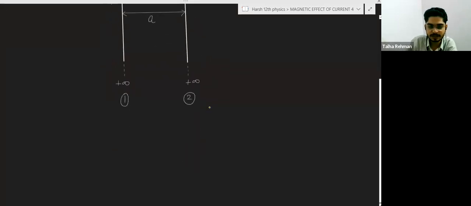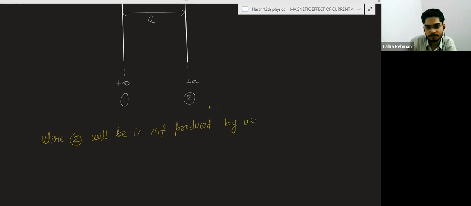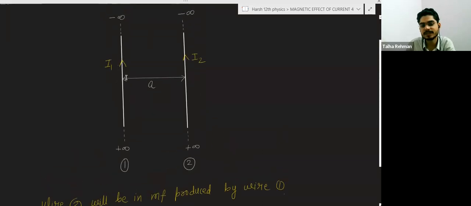So I can say that wire 2 will be in the magnetic field produced by wire 1, because this is the current carrying wire, and this current carrying wire is producing the magnetic field, and this wire is in the magnetic field produced by this wire.